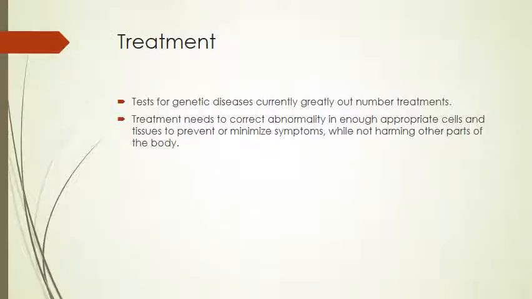So therefore, with treatment, the tests for genetic diseases currently greatly outnumber the treatments. And the treatments need to correct the abnormality in enough appropriate cells and tissues to prevent or minimize symptoms while not harming other parts of the body.